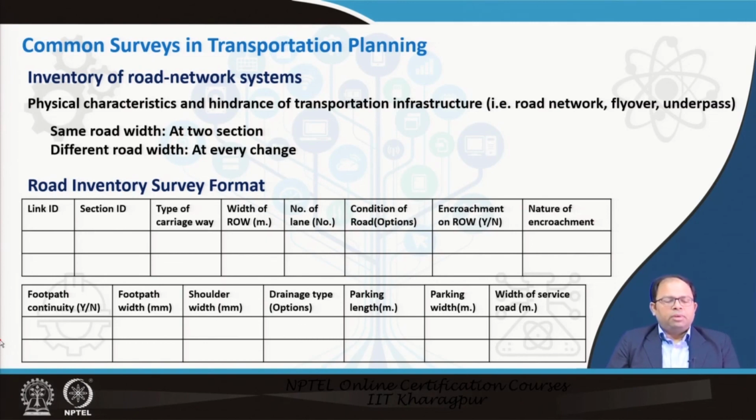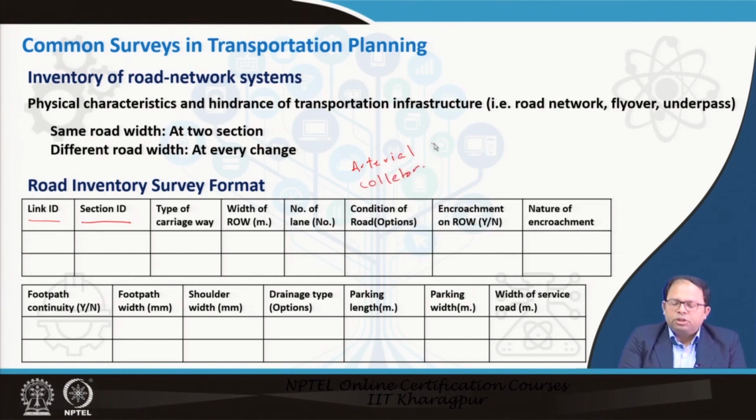So this is an inventory survey for the road network, and as you can see, this table shows that we first measure the link ID, and within a link the section ID of that particular road. These are 2 identifiers that we give, and then we can write what kind of carriageway it is. It could be selected from a set of options, for example arterial or local or collector and so on.